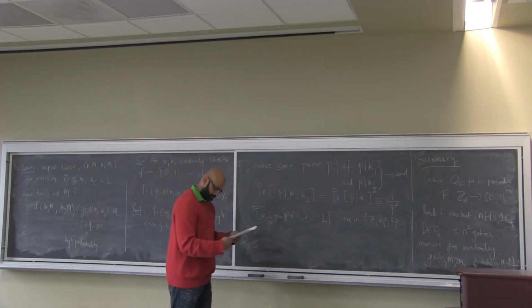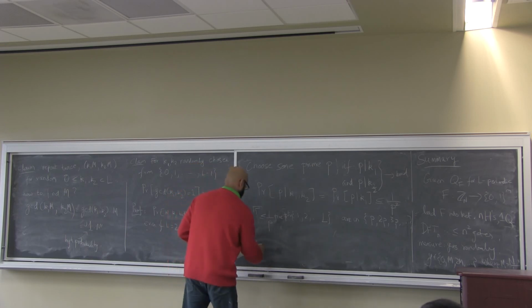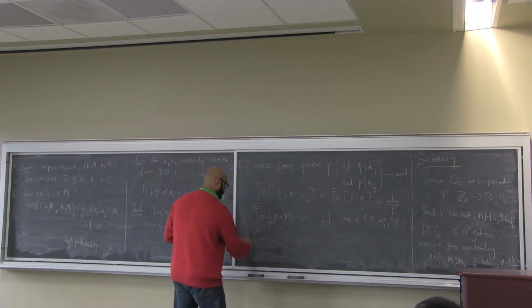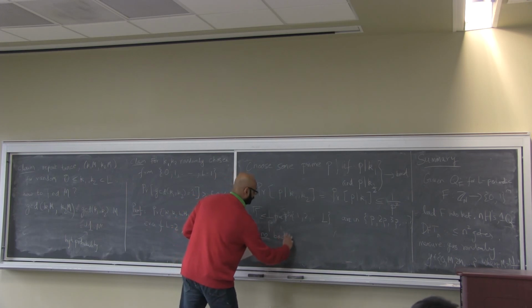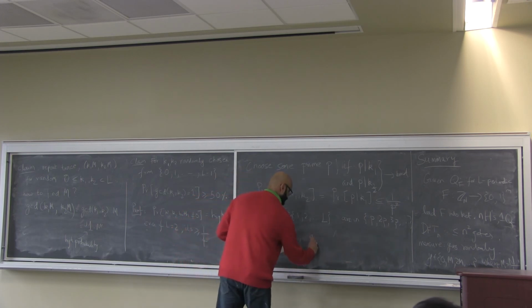I'm out of time, so let me finish the calculation here quickly. If there is no such bad P, then the GCD is 1.